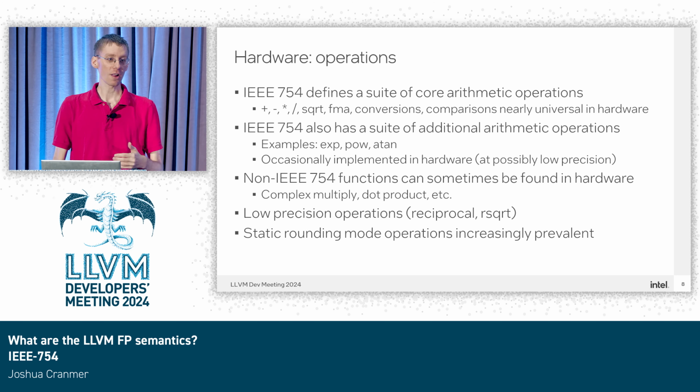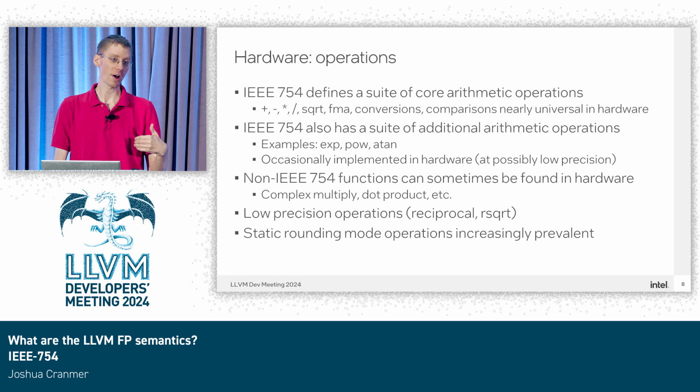In addition to that, IEEE 754 defines a set of additional arithmetic functions that map to standard elementary functions, primarily transcendental functions like the exponent function, trigonometric functions, atan, etc. These are much less common in hardware, and when you do see them in hardware, they tend to be at much lower precision than the other operations, which have to be correctly rounded.